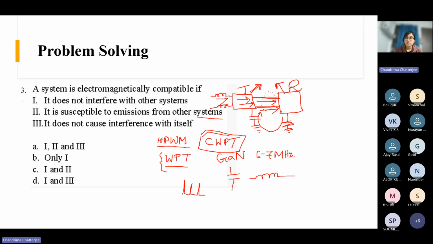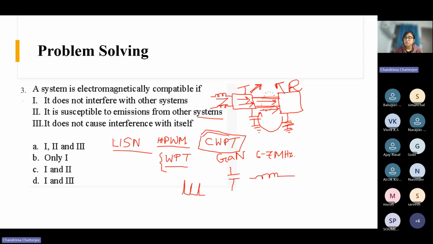Actually, what I could understand is that the course will mostly be on the theoretical aspect. There will obviously be some practical aspects. There is one instrument called LISN, line impedance stabilization network.